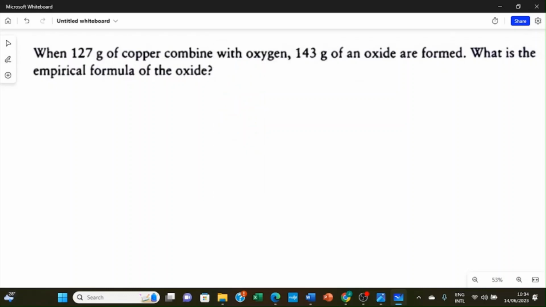When 127 grams of copper combined with oxygen, 143 grams of an oxide are formed. Oxides are compounds that are formed when an element combined with what? Oxygen. So oxides are compounds of an element with oxygen. So they say, what is the empirical formula of the oxide?